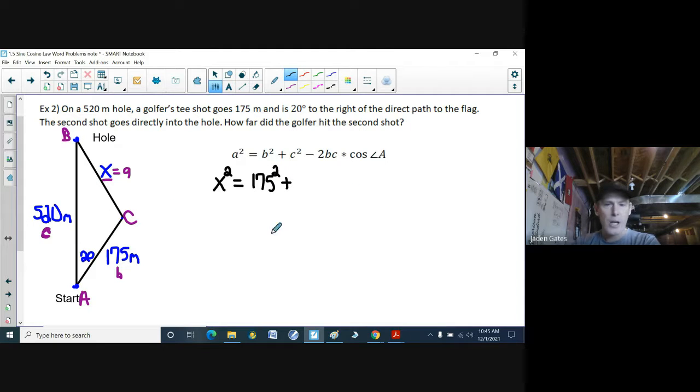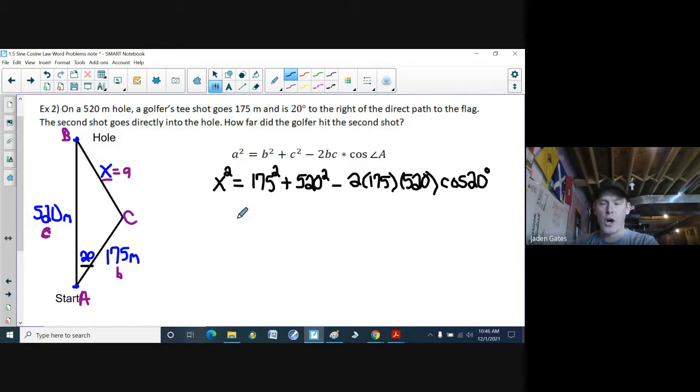C squared, I'm going to have 520 squared. And then minus 2 times B, which was 175, times side C, which was 520, and then times cosine of angle A. Angle A, there it is, is my 20 degrees.